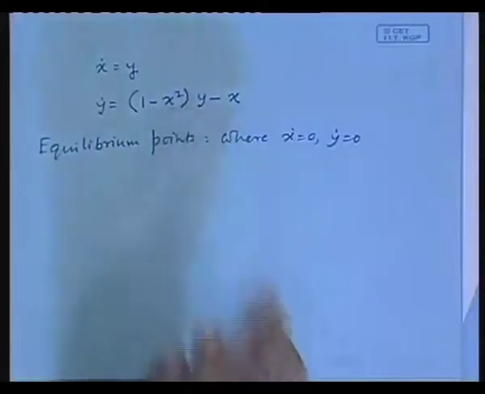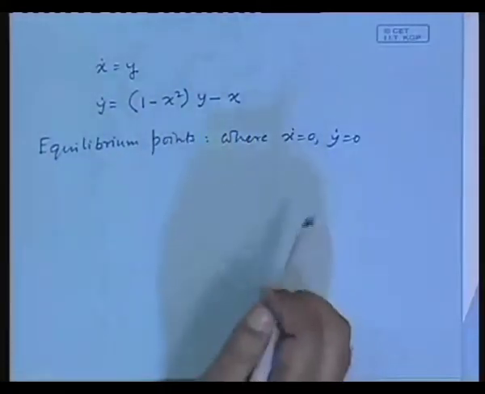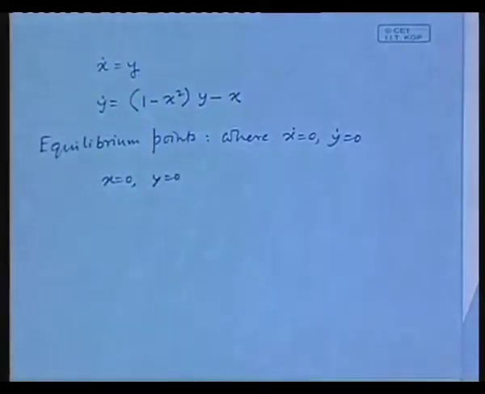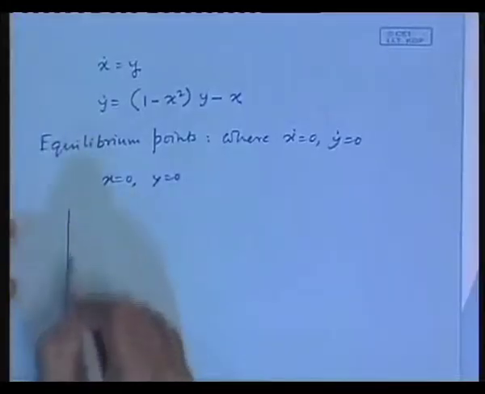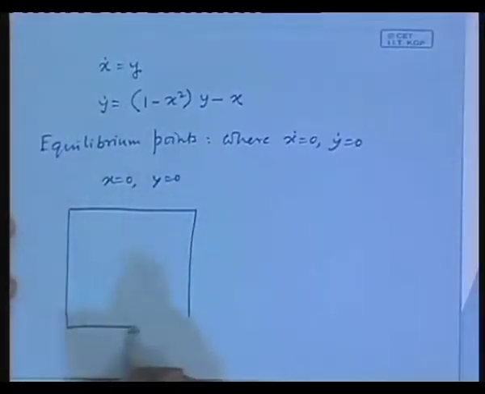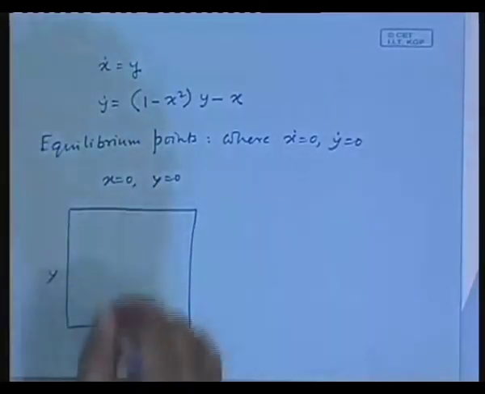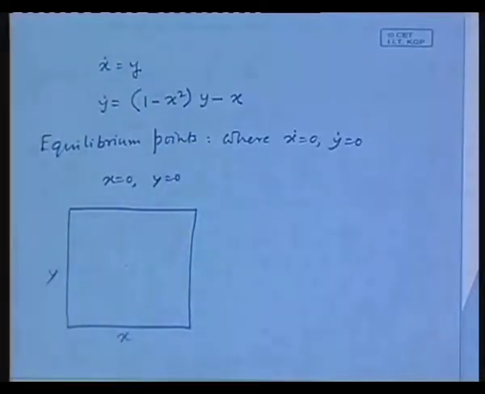And so there is only one equilibrium point. If you multiply by y, it is 0. Sorry, it does not get a quadratic here. So here in this case, x equal to 0, y equal to 0 is a solution. Therefore, the state x y in which x equal to 0, y equal to 0 is an equilibrium point.